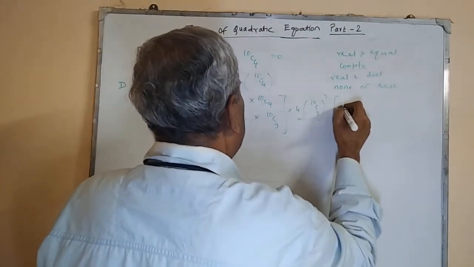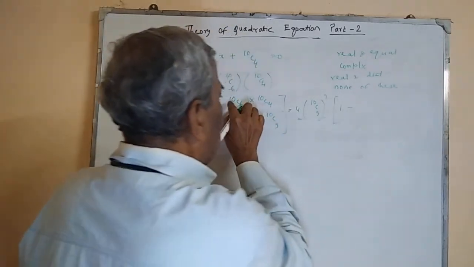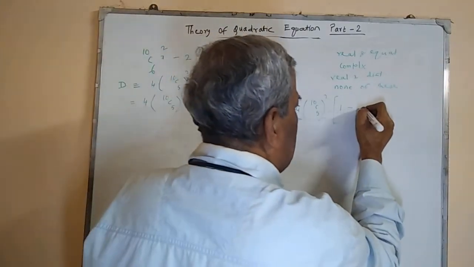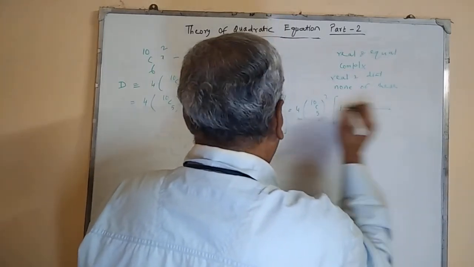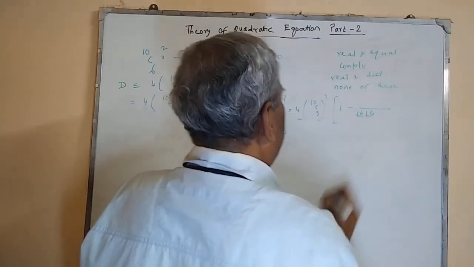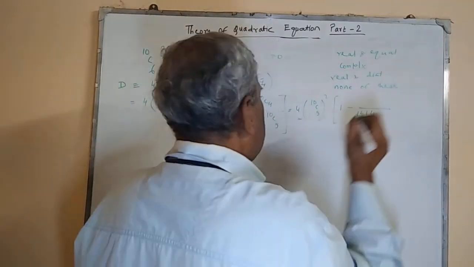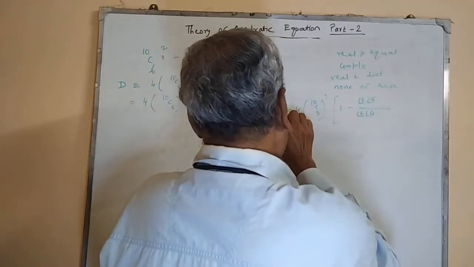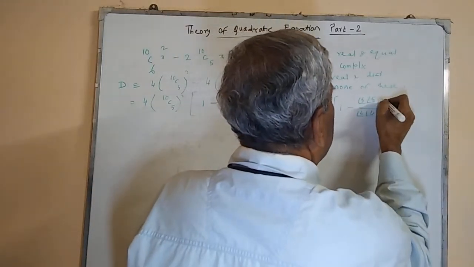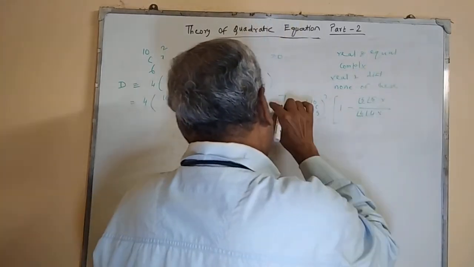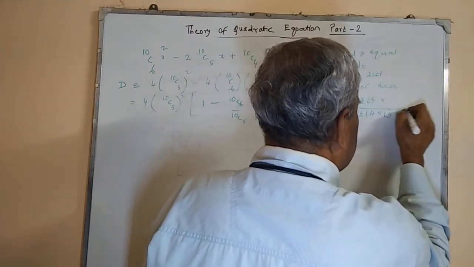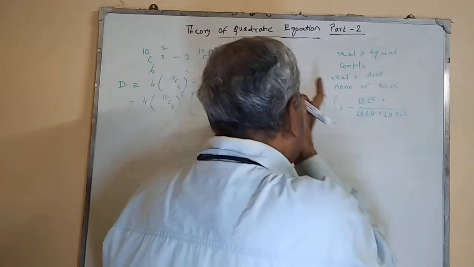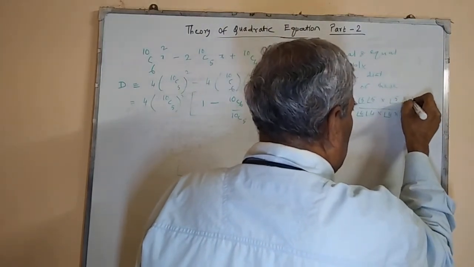Now the thing left is 1 minus 10C6, which is factorial 10 over factorial 6 into factorial of the difference, and the factorial 10s will all cancel. For 10C4, the denominator is factorial 4 into factorial 6, and for 10C5, factorial 5 into factorial 10 minus 5, which is 5.